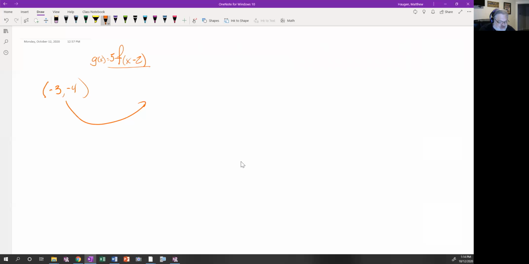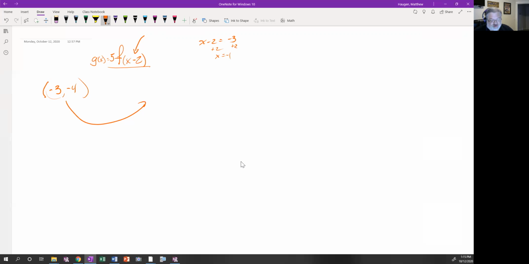Well, the translation says x minus 2, but we know that -2 is actually going to add 2, right? Because it's backwards in there. And frankly, it's because that has to equal -3. So our x has to be at -1.